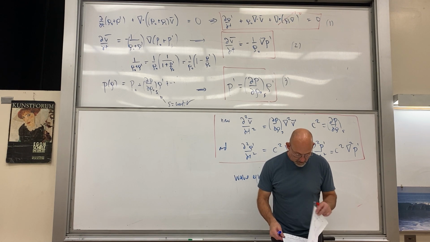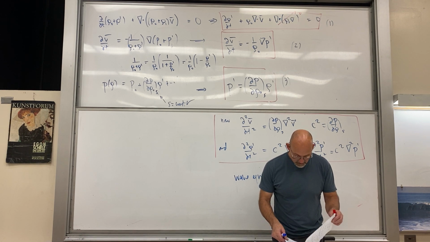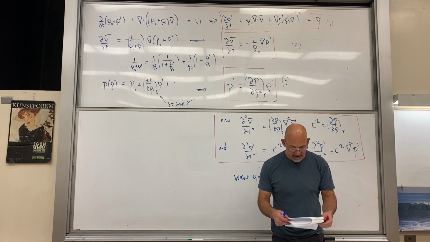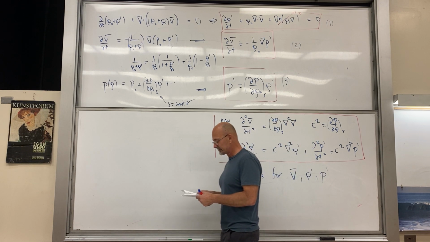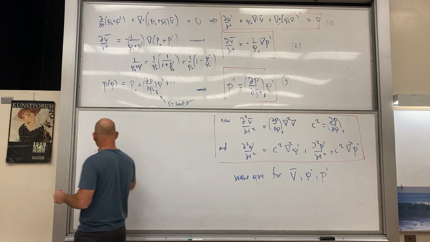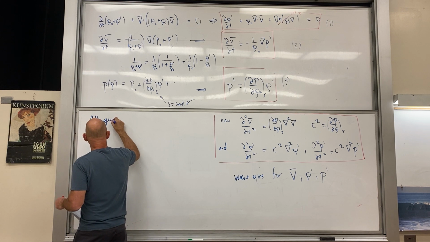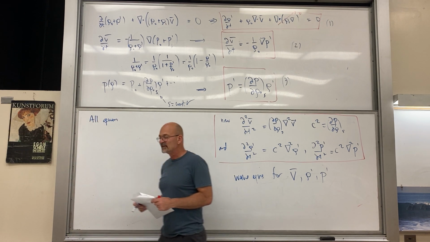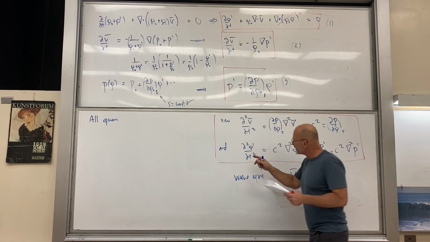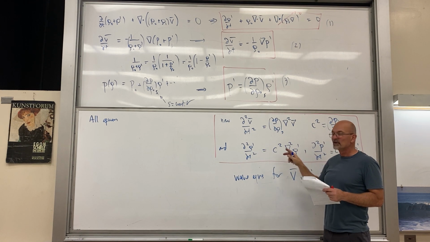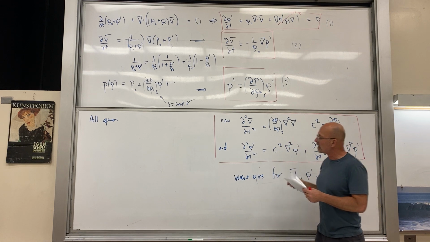Okay, what I want to do last is express all of these things in terms of the potential. This is a real simplifying step because we've got a wave equation for a vector and two scalars, but there's one wave equation that will govern them all.